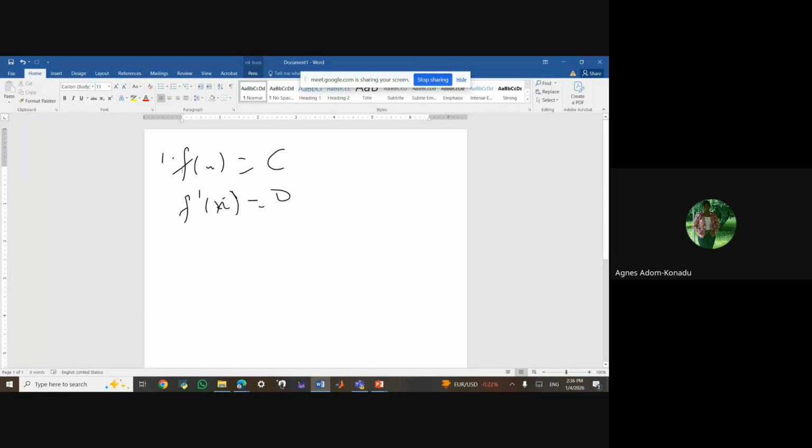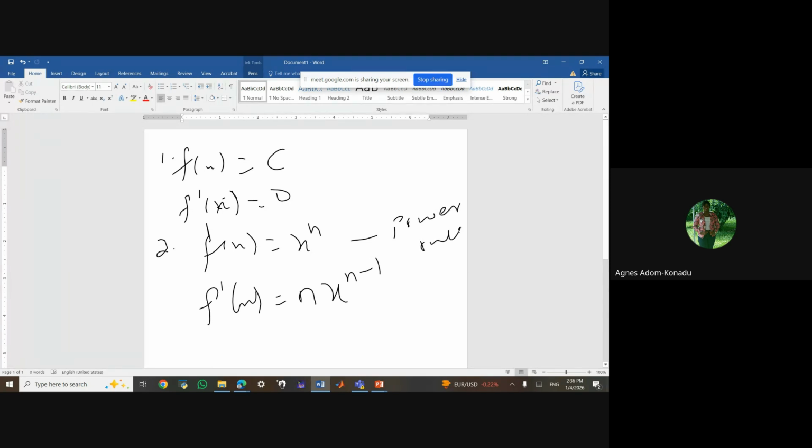This is 1. And then 2 is the power rule. If f of x is equal to x to the power n, then you drop the n, and it is n x to the power n minus 1. This is called the power rule. And this one is the derivative of a constant.